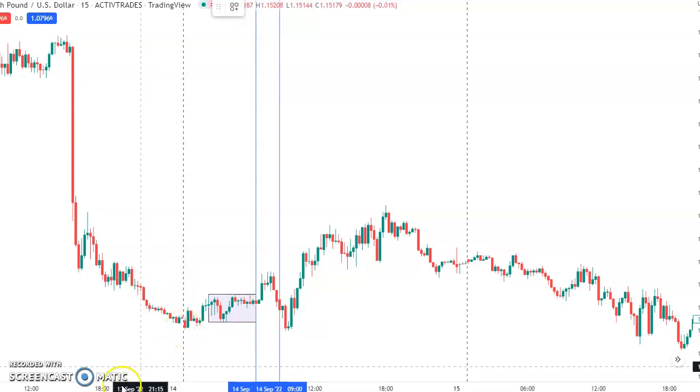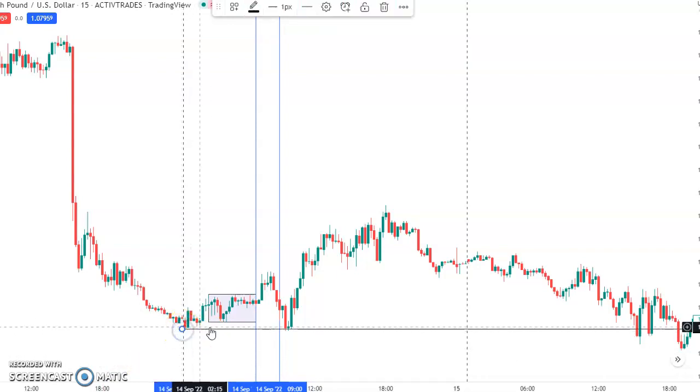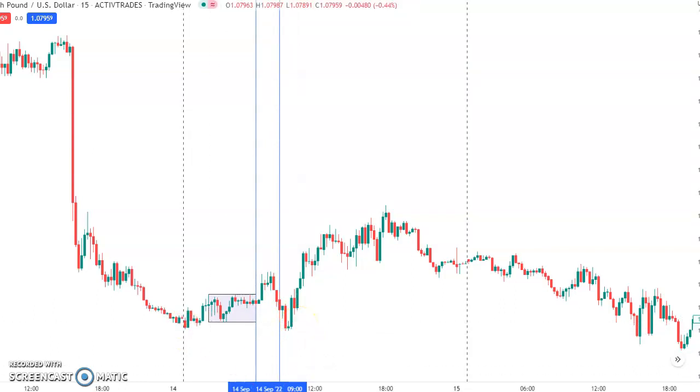So what we will do is use a trend line for that, so that I'll be able to just highlight a specific region, not the whole of it, right?